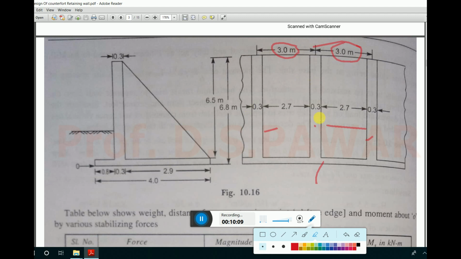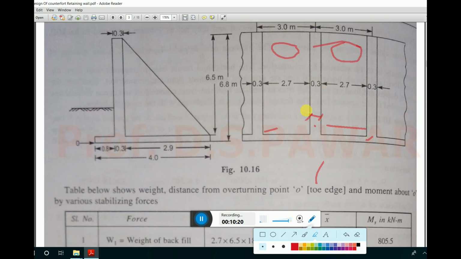If you consider the internal dimension, that will be 2.7, and the thickness of counterfort, just by using the thumb rule, we have calculated as 0.3 meter, that is 300 mm.